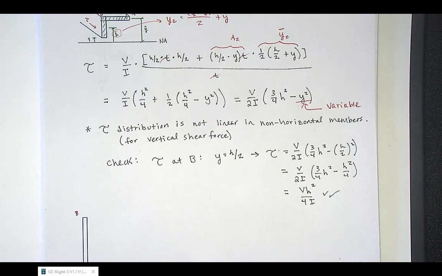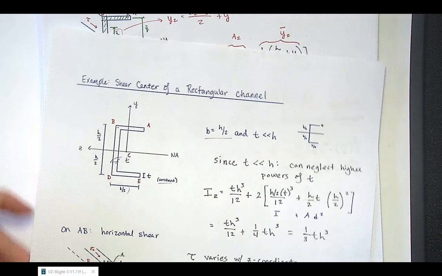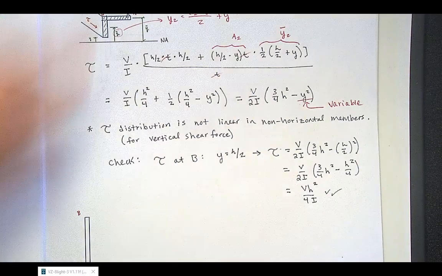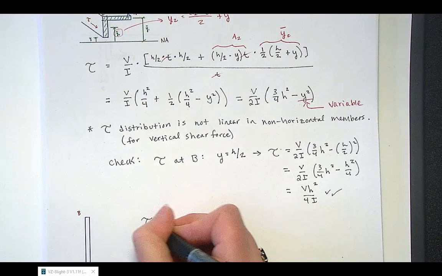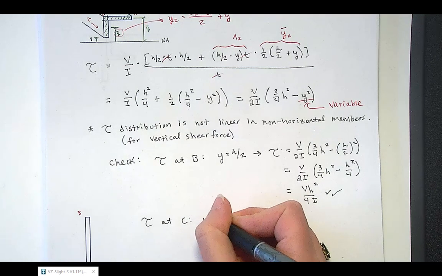Alright, so now we want to calculate the shear stress at the neutral axis. I don't think I labeled it. I'll call it C, put point C at the centroid, but same idea. We'll say shear stress at C. For that, we know that y is equal to 0.